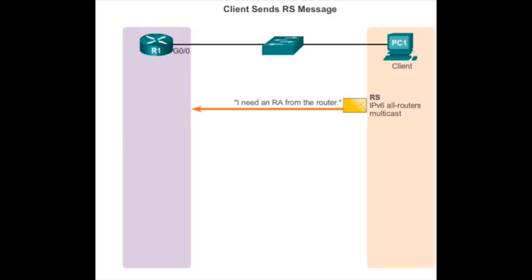In this topology, we see PC1 is configured to obtain its IPv6 address automatically. Since PC1 has not received an RA message, it sends an RS message to all the routers by the multicast address, and then it waits for a response.